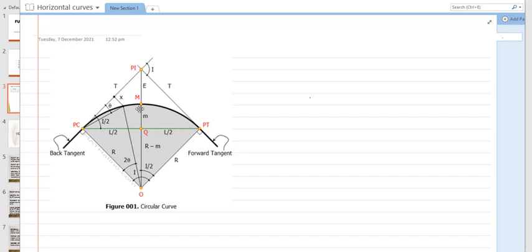The distance from the middle of the curve to the middle of the long chord, this point Q, is labeled capital M, the middle ordinate, and capital L is the actual curve length.